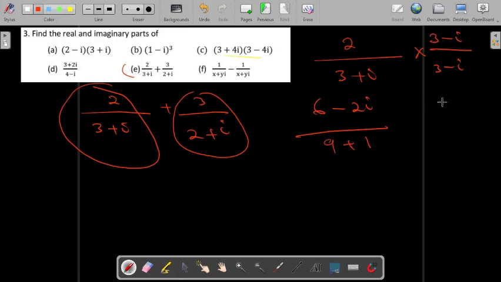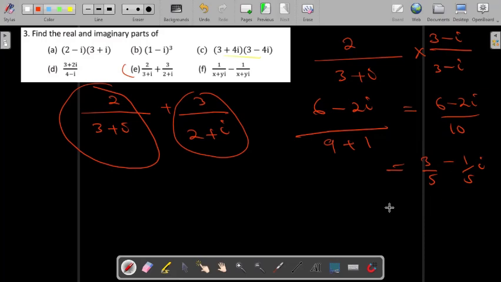Then you're going to have 6 minus i divided by 10, and dividing 10 into each of these, you get 3 over 5, then you get the other one to be 1 over 5i, like this. So you get something like this.